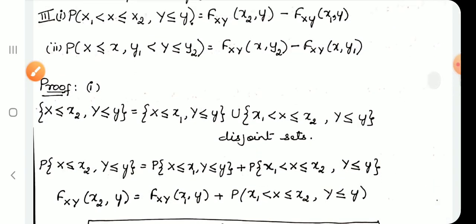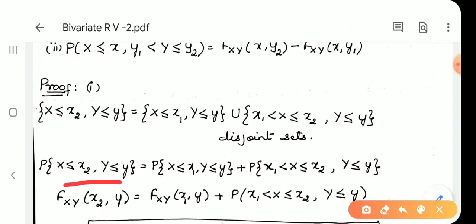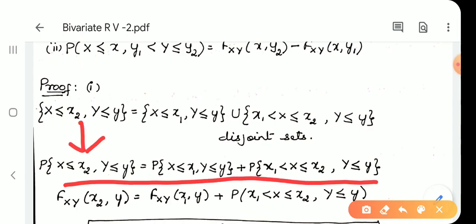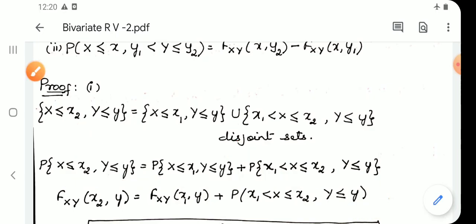So next, when I apply the probability to both the sides, we get probability of X less than or equal to x2, comma Y less than or equal to y is equal to P of X less than or equal to x1, comma Y less than or equal to y, and here union becomes plus P of x1 less than X less than or equal to x2, comma Y less than or equal to y.